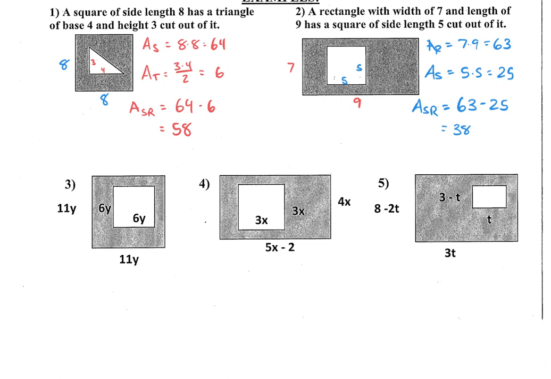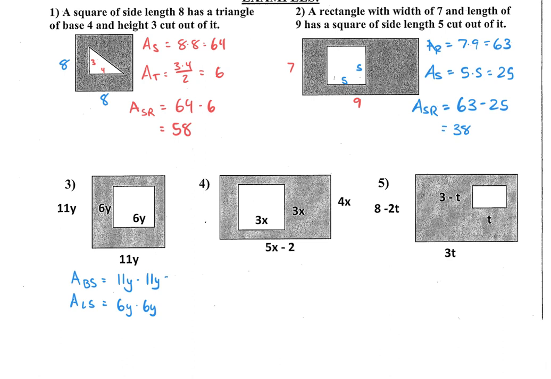All right, let's kick things up a notch and make it more interesting. Now, for 3 through 5, we have polynomials. You knew we were going here eventually. So, when we're doing the area of the big square, this is going to be 11y times 11y. And then when we have the area of the little square, this is going to be 6y times 6y.